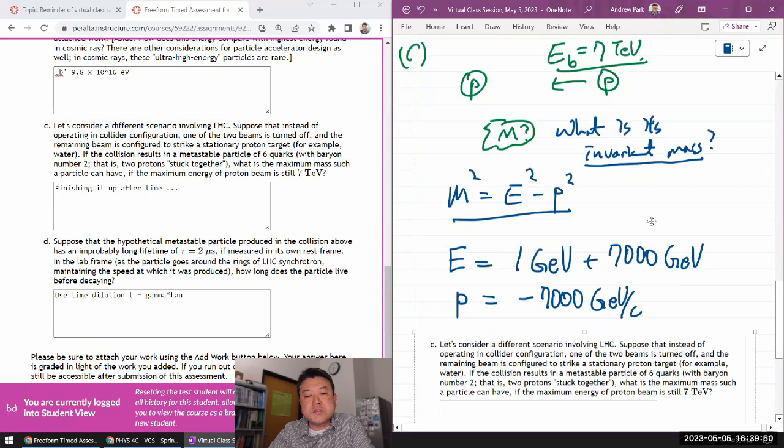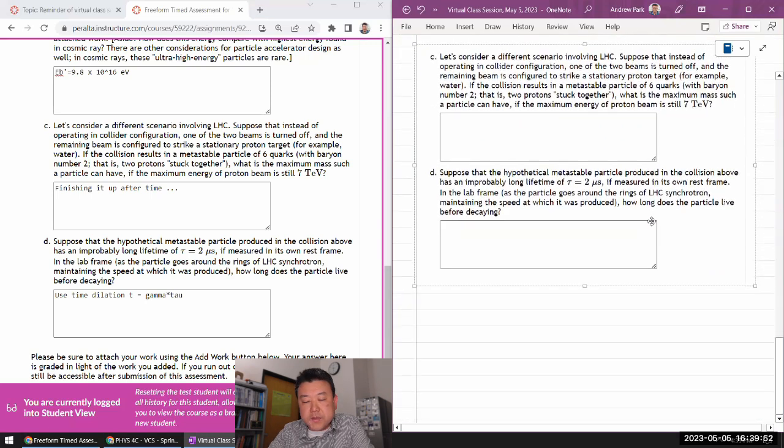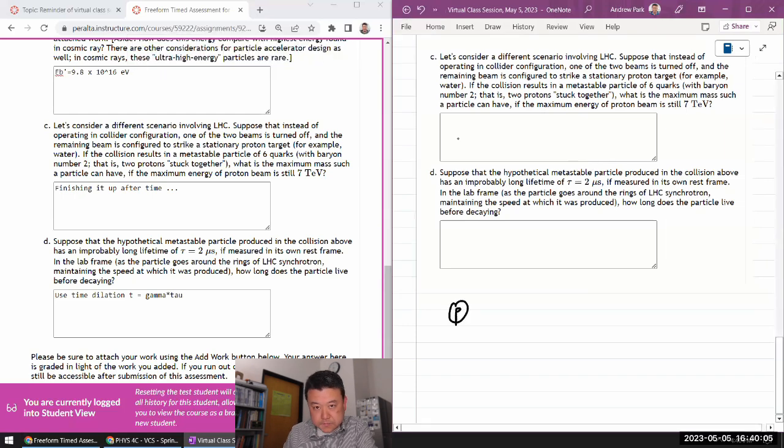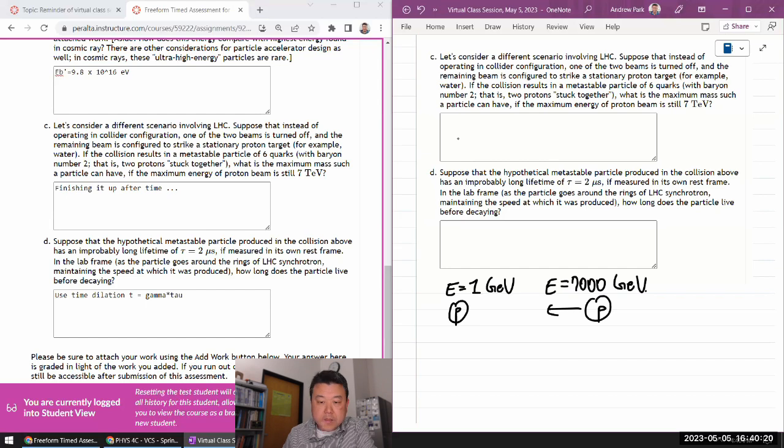Let's start by first correctly specifying the energy-momentum four-vector for the collision picture. We have still the same picture: the particle with energy of 1 GeV is at rest, and I have another particle coming in with energy of 7,000 GeV.